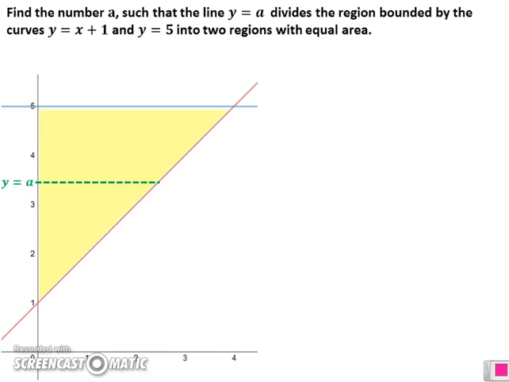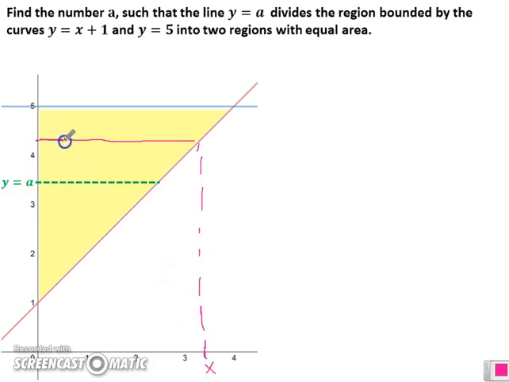So now what? This is where we have to actually set up two integrals and set them equal to each other. And we're going to have to integrate with respect to y here because we're going to measure along the y-axis, which means we're going to be dealing with x coordinates here.